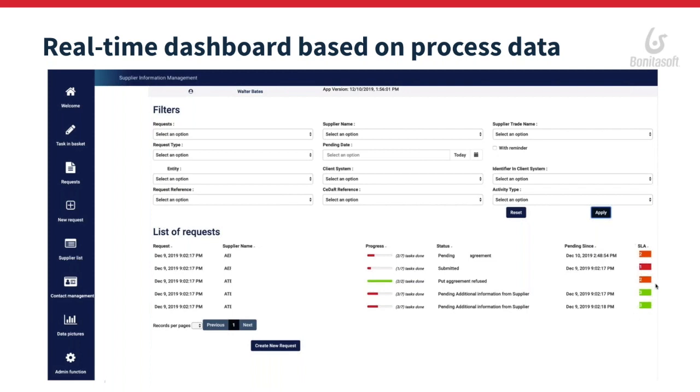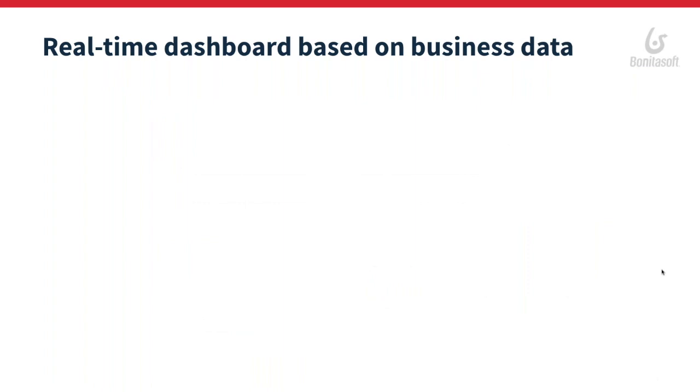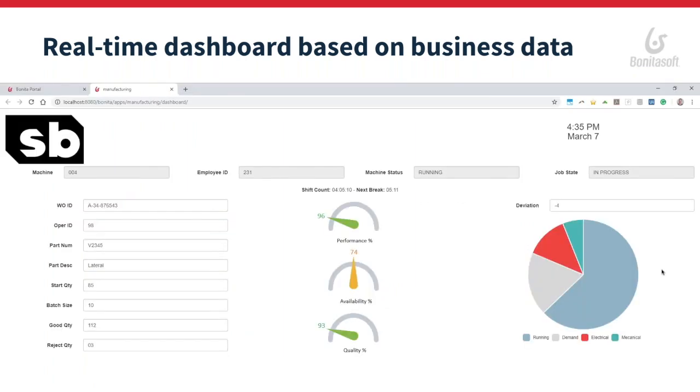Here it's green because there is no risk of being late. But here, you have only done one task out of 7, and the request should be done quite soon, so it's really risky and urgent to meet the SLA, and maybe we'll have to take action on that.